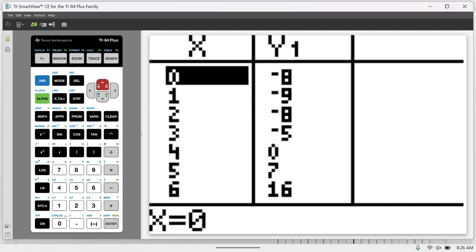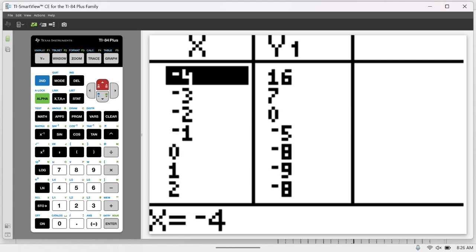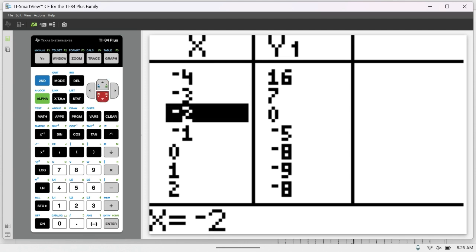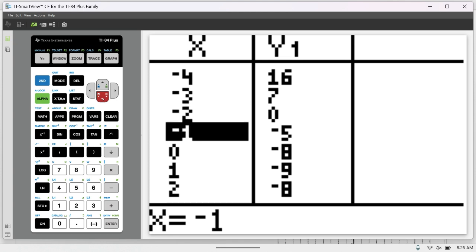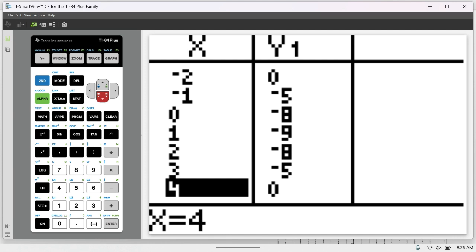All right. So first off, I want you to look at the y values. We have to make sure we include the vertex, the turning point. What appears to be the only y value that does not repeat on this table? Where does it look like the y values are starting to repeat again?